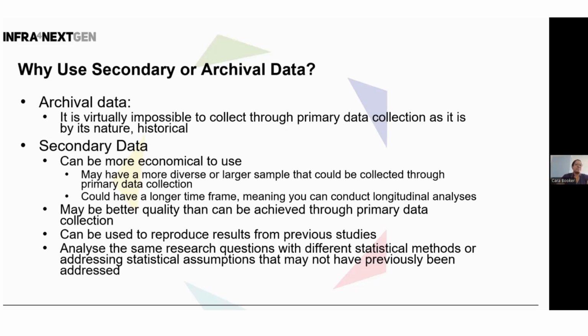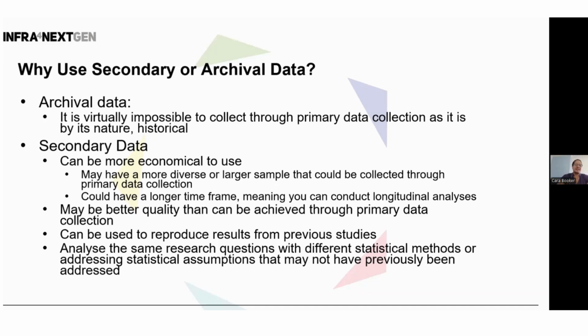Mostly it might be more economical to use. If you are wanting to collect your own data, you have to think about what kind of sample you have. You have to think about what funding sources you have. You have to think about how you do your sampling, how much time you have to collect data, how realistic it is that you can get the number of people that you want.